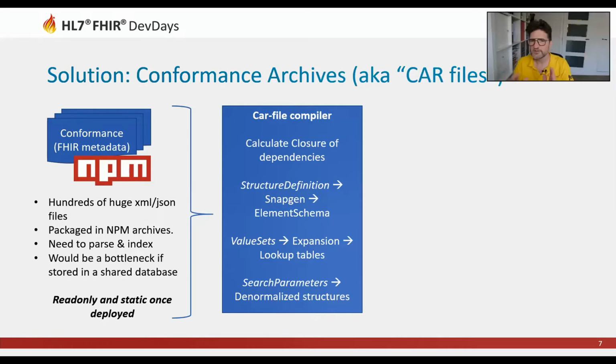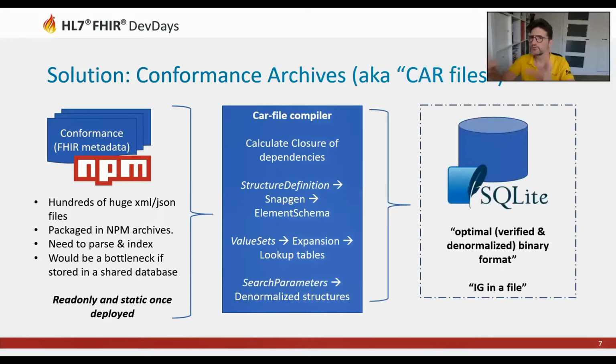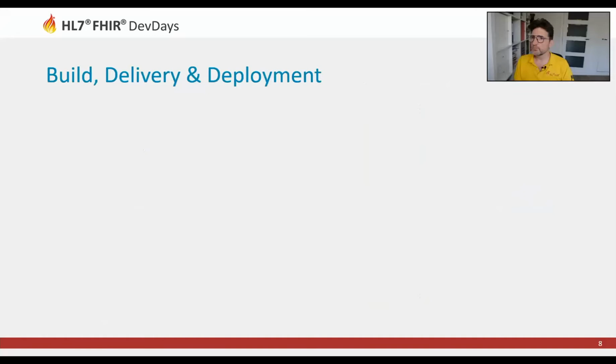So basically, by the time it ends up in a CAR file, it's indexed, normalized, checked, parsed, and so on. And then we store everything in SQLite. One SQLite file. So an IG in a file, basically, or IGs in a single file, in a binary format.